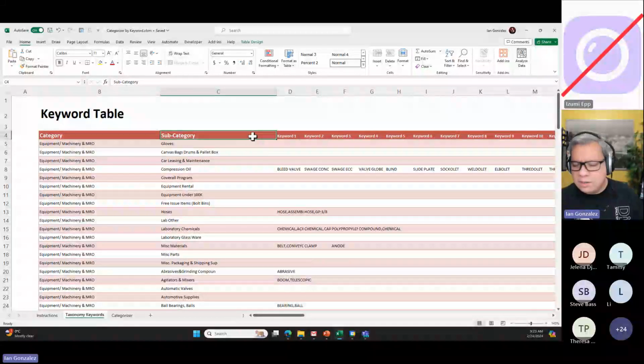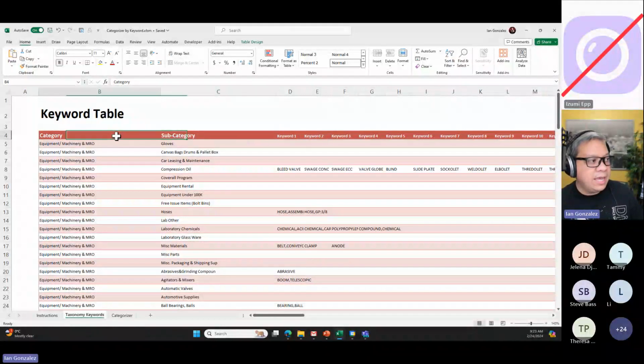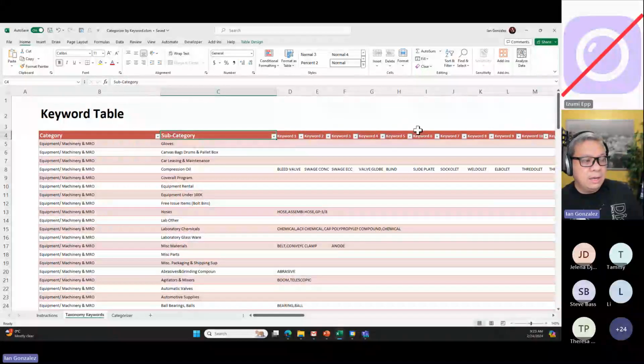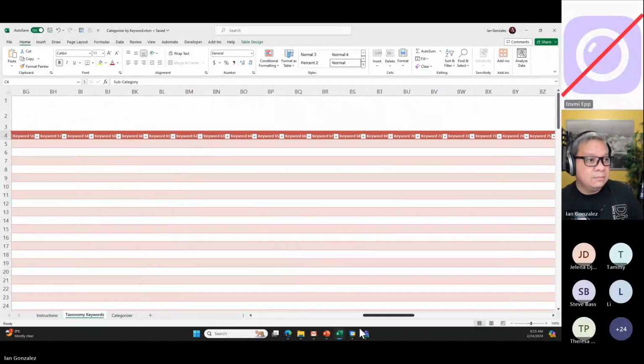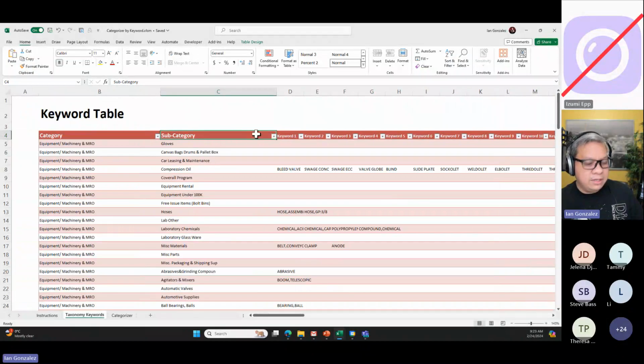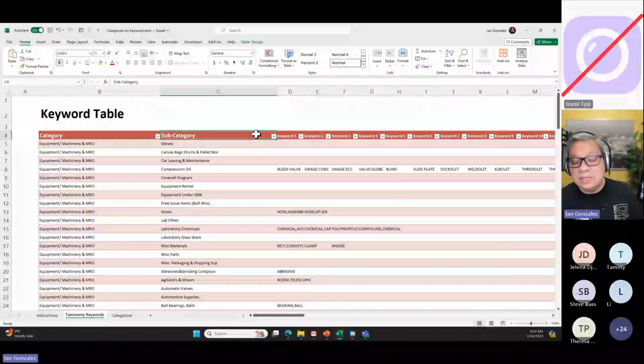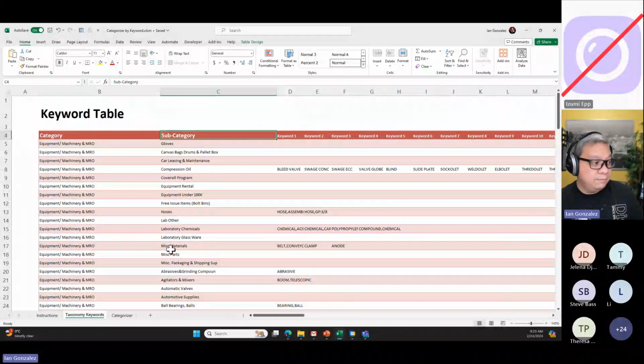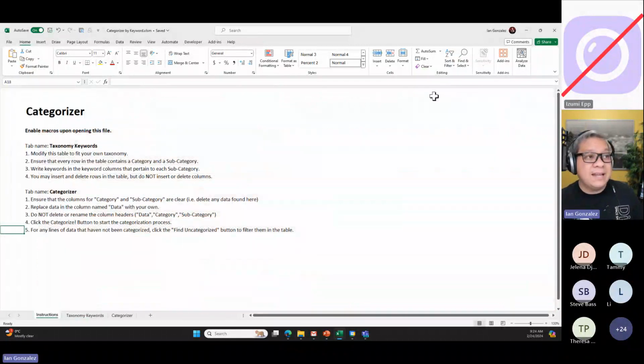By the way, if you want to know the keyboard shortcut for that, I just click anything in the header here and then do Control-Shift-L. That will put a filter on the entire table all the way to keyword 100. A little trick there. Control-Shift-L, and then doing it again will remove the filters.